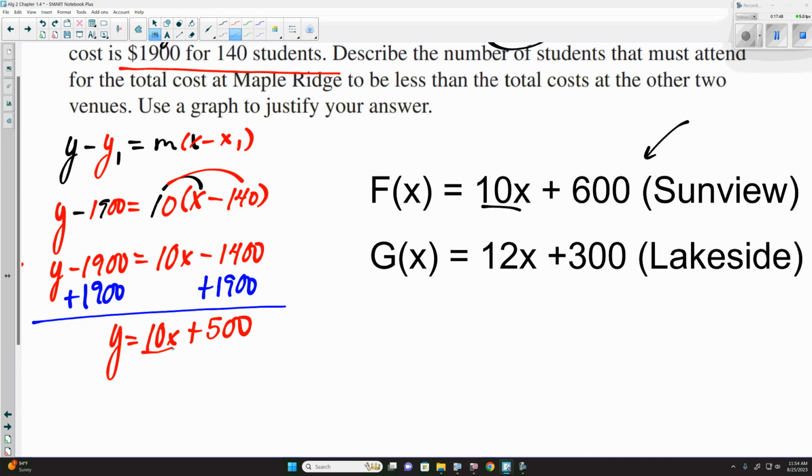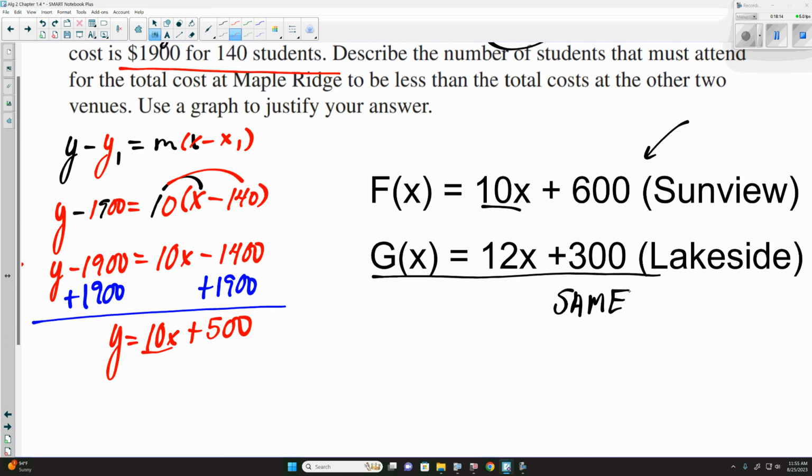So really the only one we're looking at is seeing when Maple Ridge is going to be cheaper than Lakeside. And really, the best way to find that is to see where their costs are the same, because Maple Ridge starts off more expensive. Its rental fee is $500, where Lakeside's is $300.